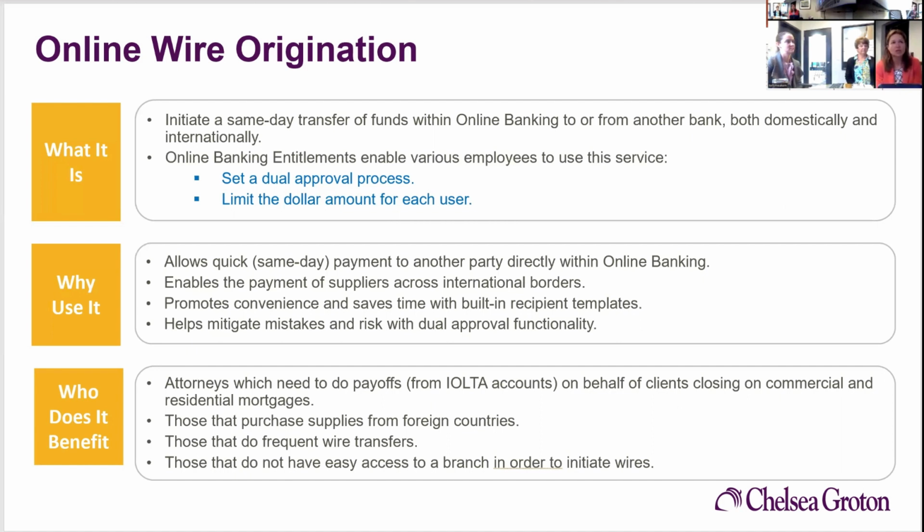This is really up to you. And I will say, ACH origination requires the same degree of due diligence on your vendor payments as well. Wires are just a slightly higher risk category.